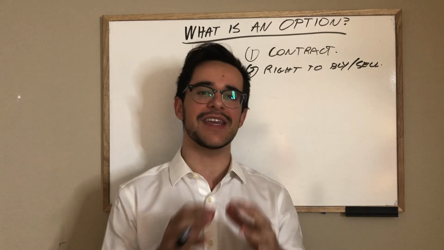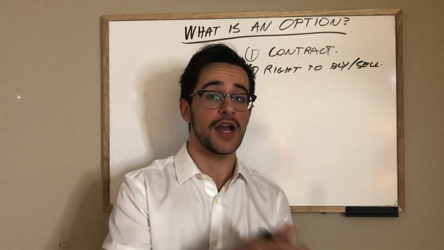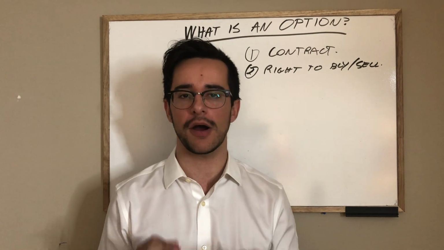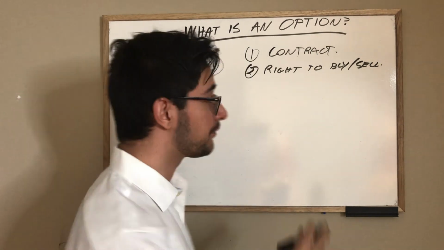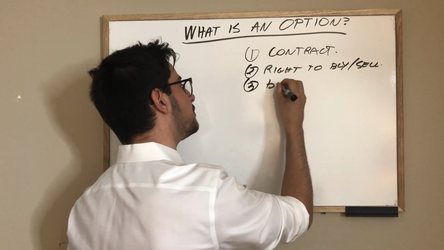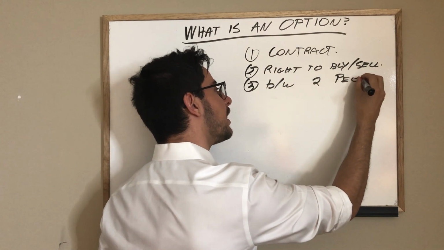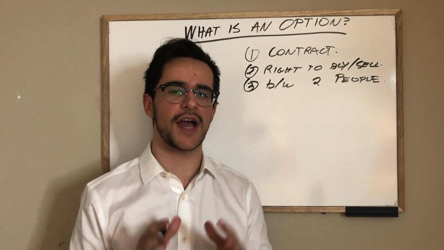Now that we understand that the option is a contract and that it creates an obligation for the seller and a right for the buyer, the next important thing to remember about options is that they actually take place between two people. And this is something that the majority of new traders actually forget.